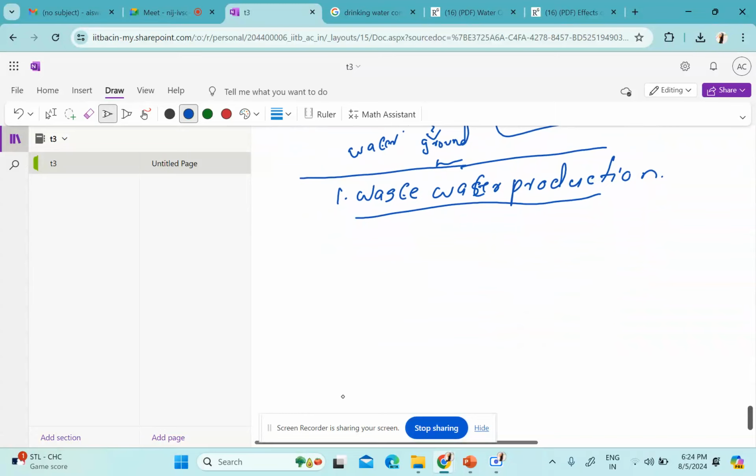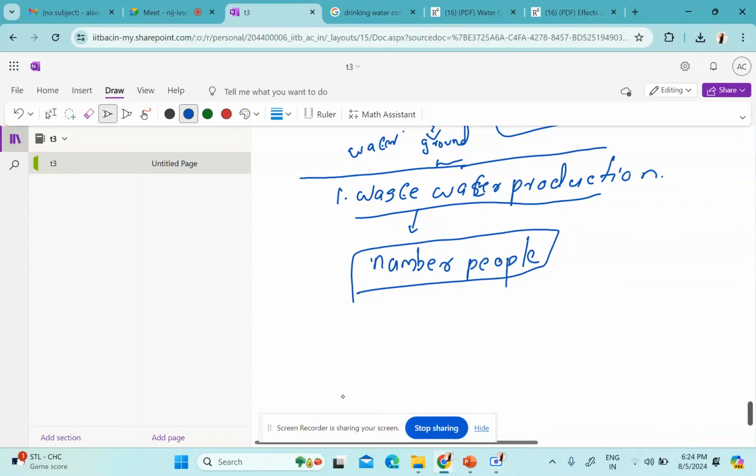So wastewater production depends on the number of people. If the number of people is higher, then the amount of water used for different purposes will be high, and then we estimate that the amount of wastewater is also high. Now it is 2024.